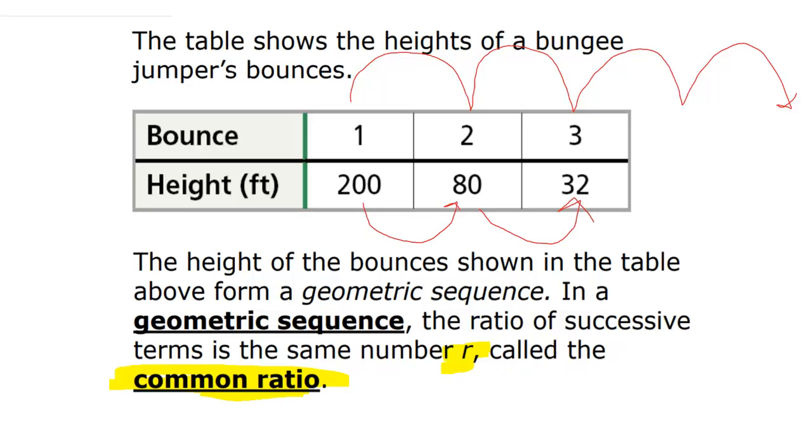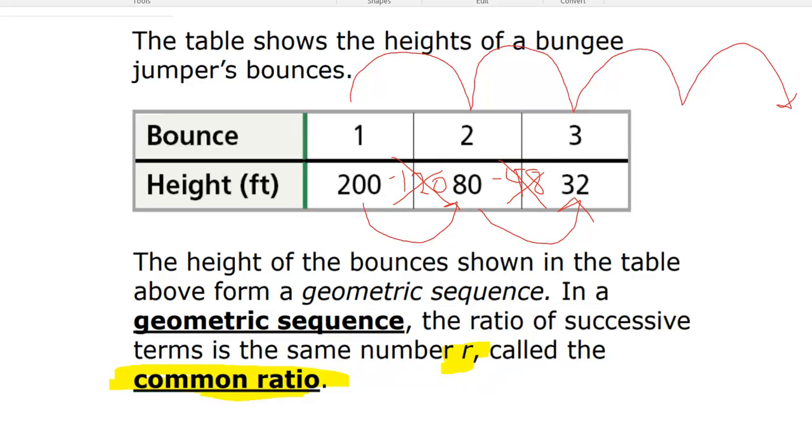Now if you look at this, obviously it's not arithmetic because we're not decreasing by the same amount each time. This one here we're subtracting 120. This one we're subtracting 48. So we can see it's not arithmetic since those two are not the same.